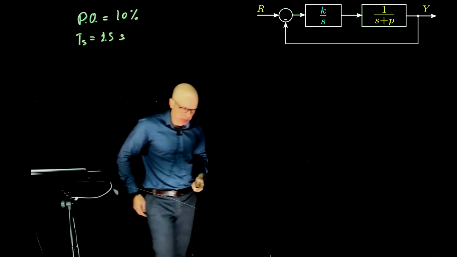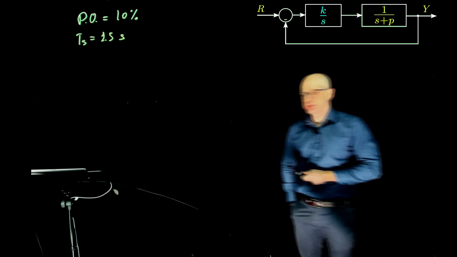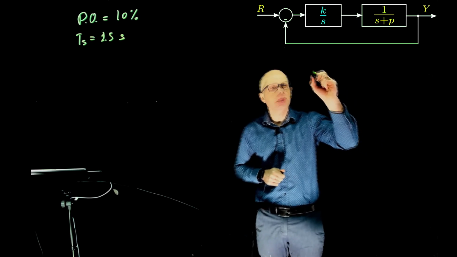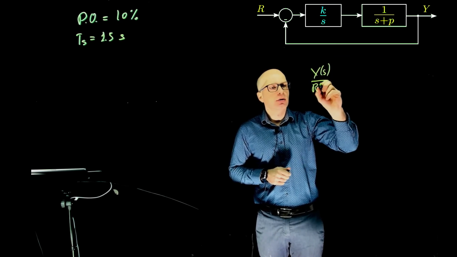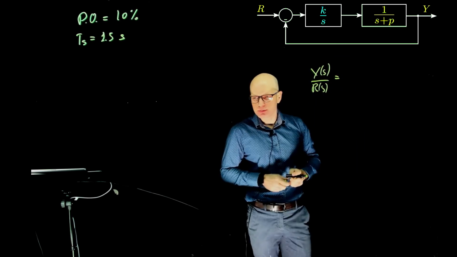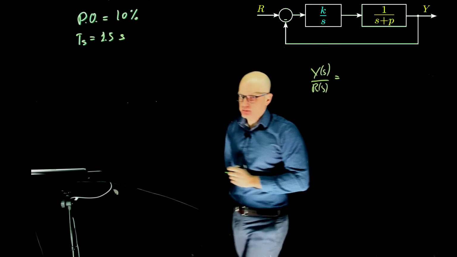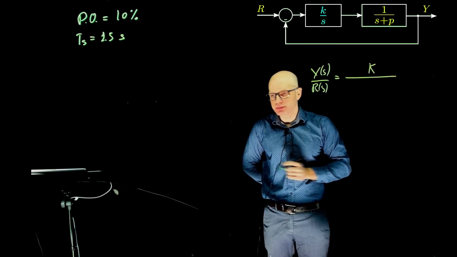So what would be the first step here? Transfer function. What is the transfer function at this point? We should be able to just look at this and write the transfer function. And what is it? Okay, you can follow the steps later.